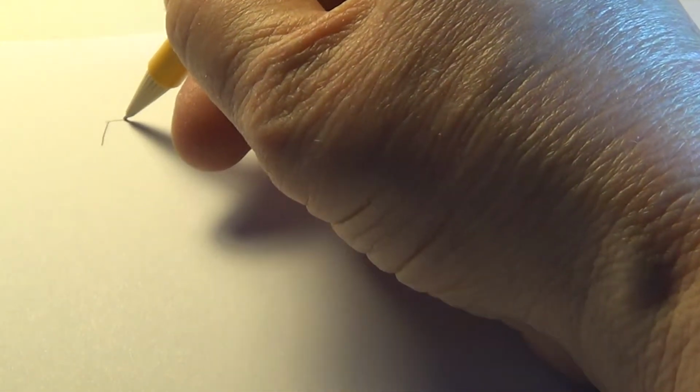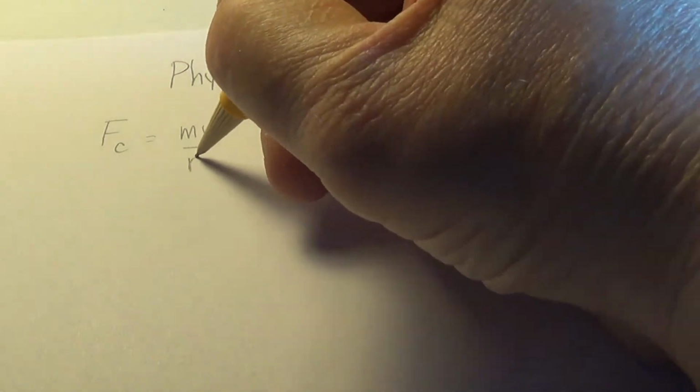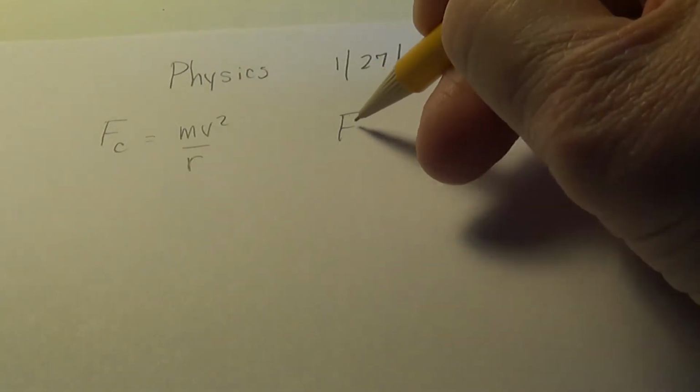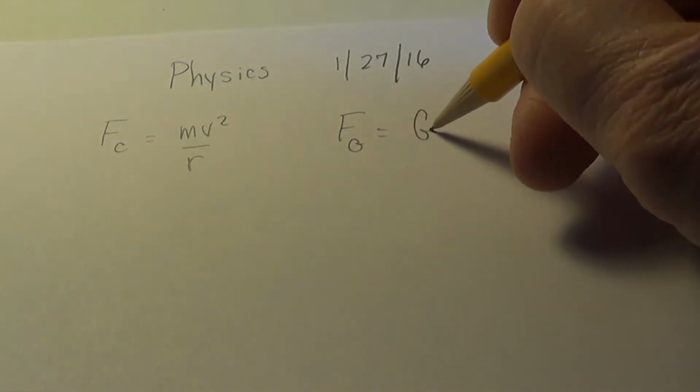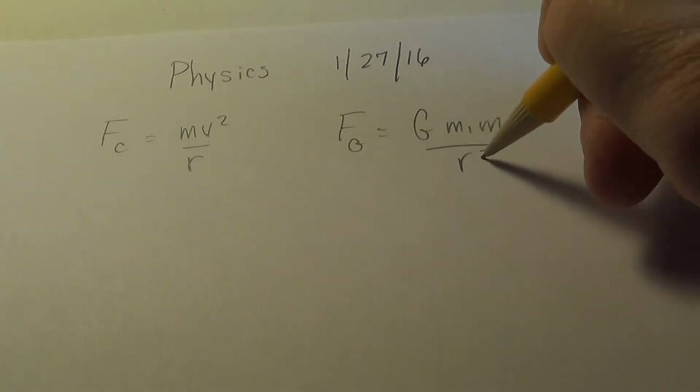We have been talking about the relationship between the force of gravity and centripetal force. Centripetal force is mv squared over r, and the force of gravity is G m1 m2 over r squared.